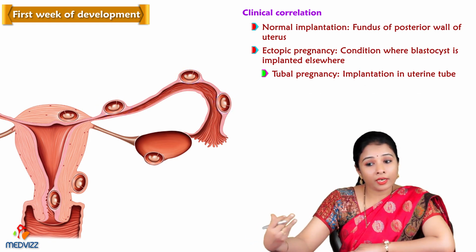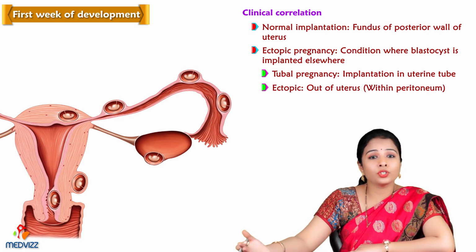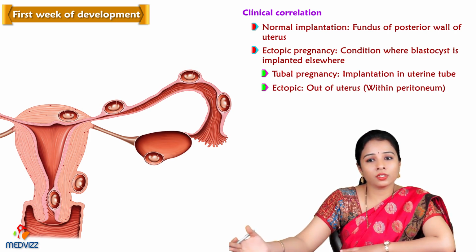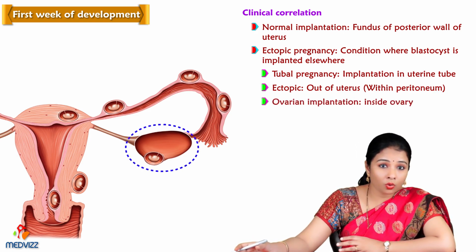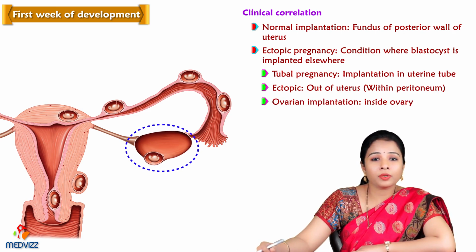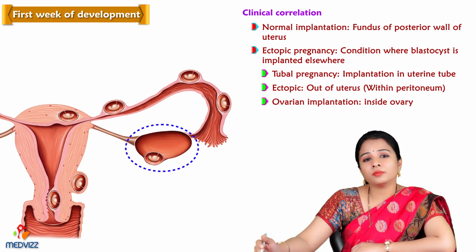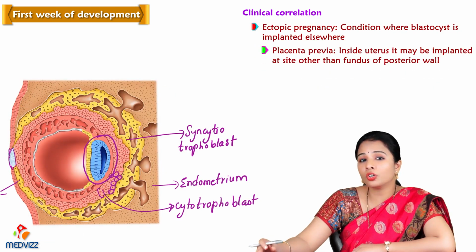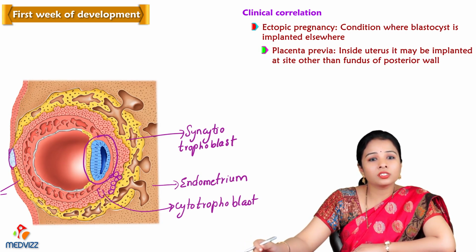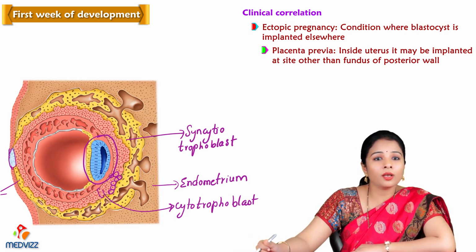And it can be ectopic, completely out of the uterus, that is within the peritoneum. It can happen, and sometimes the implantation may occur inside the ovary, which is called ovarian implantation. And sometimes we find it gets implanted within the uterus but not on the fundus, in other parts of the uterus, which results in a condition called placenta previa.